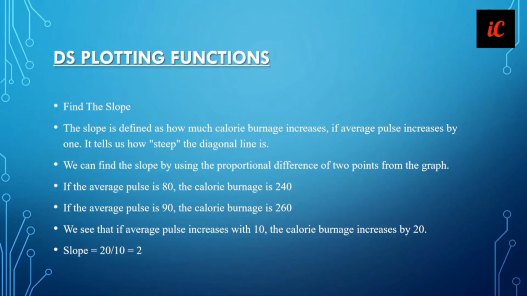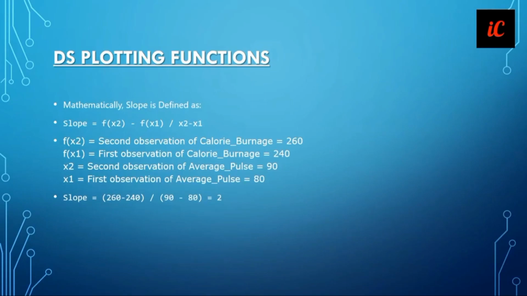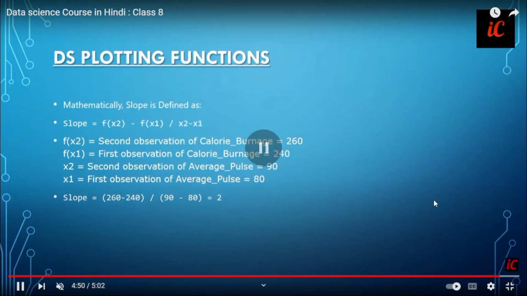We always need to take the average of how much the number increments in each term. So 2 is the average. You can also write the slope as f of x2 minus f of x1 divided by x2 minus x1. It will provide you these kinds of details, such as the first observation of the calorie burnage and the first observation of the pulse rate.